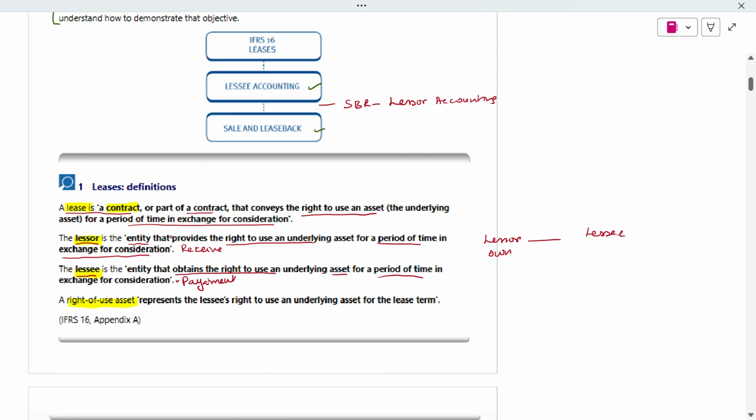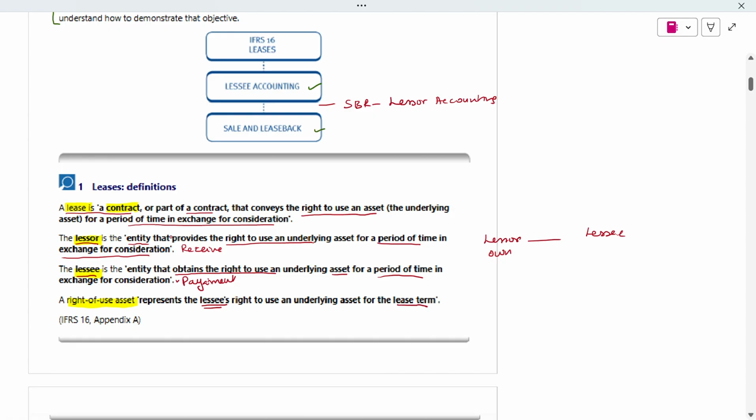A right of use of asset represents the lessee's right, the right to use the underlying asset for the lease term.